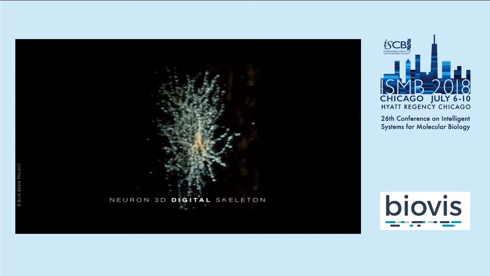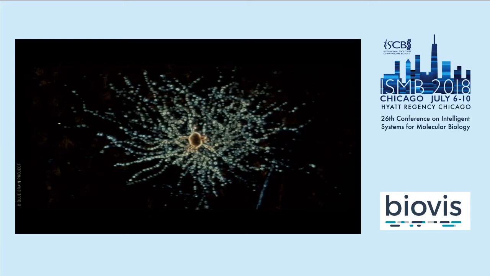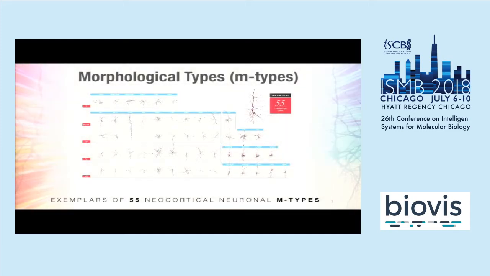We do that for diverse types of morphologies, and we end up having different morphological types called M-types, and these are 55 different ones we have reconstructed. We use these basic morphologies, and then we mix and match them, and we try to put them somehow in the building unit of our simulation, which is called the neocortical column.